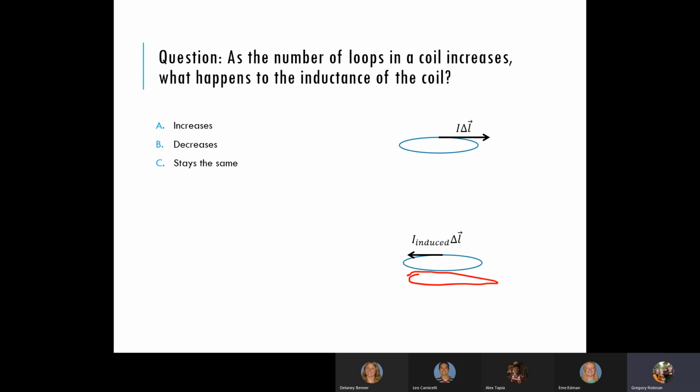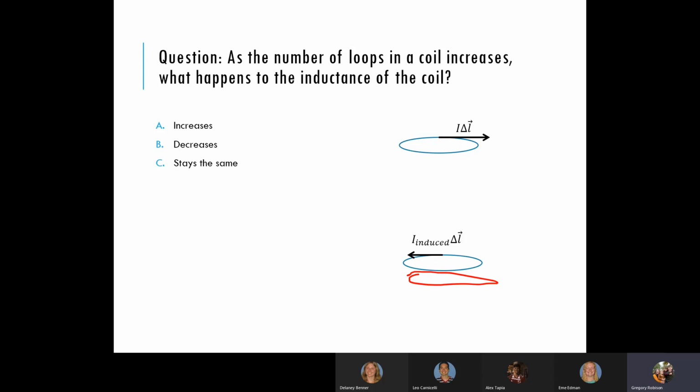How about the area of the loops? If I make the area bigger, what's your gut tell you that'll happen to the inductance? If I make the area of the bottom loops bigger. The inductance will increase, right?